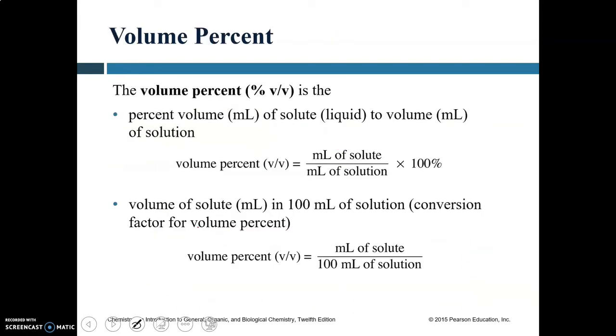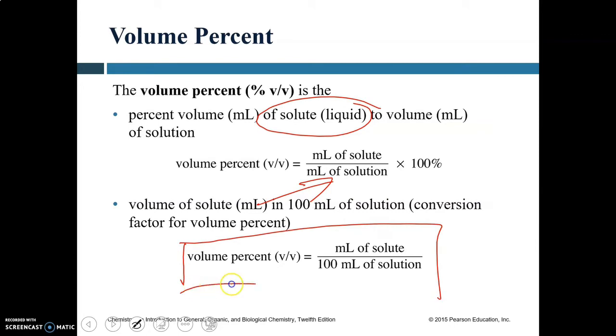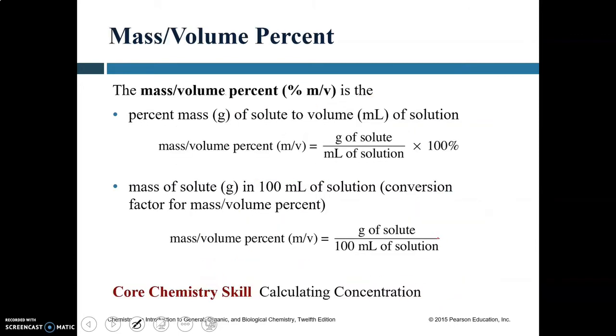Volume percent: you divide the volume of solute, liquid, by the volume of the solution. So this is the conversion factor for volume percent: milliliters of solute over 100 milliliters of the solution. The mass volume percent is the mass of solute divided by the volume of the solution multiplied by 100%.